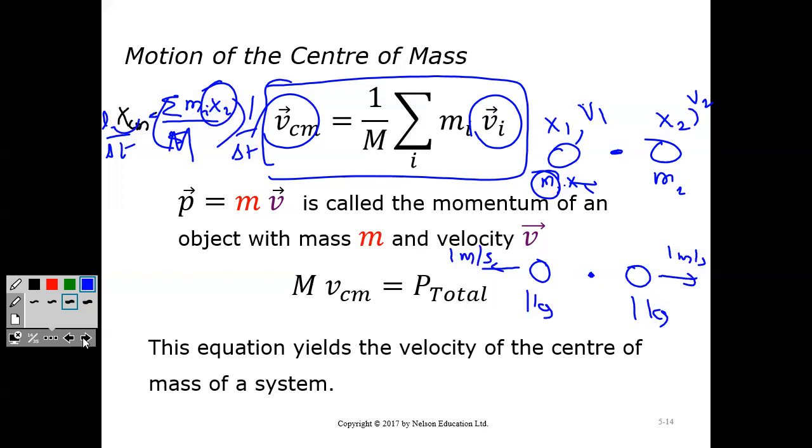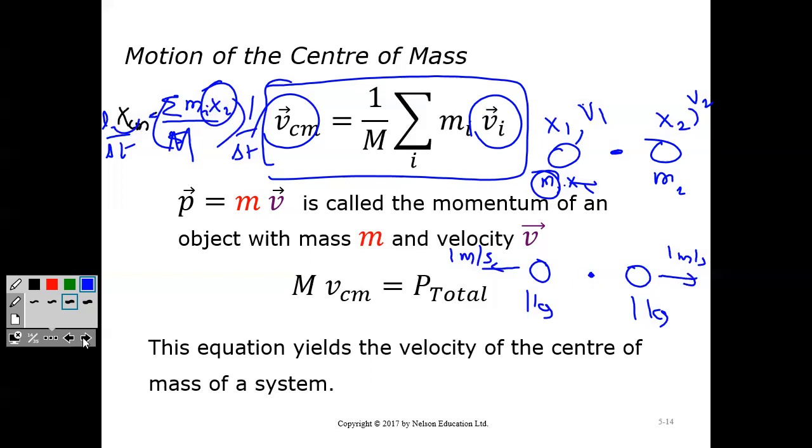This equation, let me give it correctly, because here it will be m1 v1 plus m2 v2. v1 is plus 1, v2 is minus 1. So m1 v1 plus m2 v2 will be 0. So that will give you the velocity of the center of mass equal to 0.